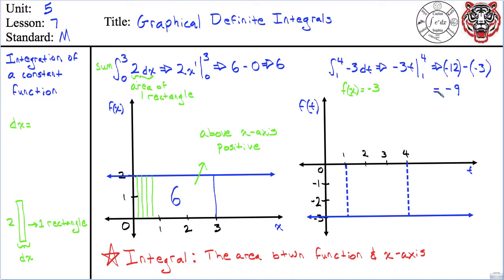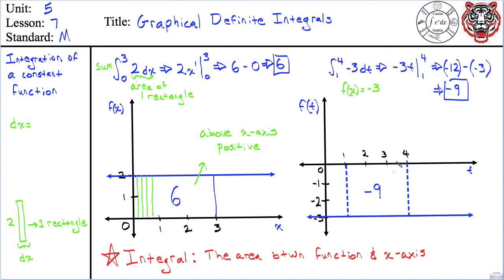Let's see if that holds up with our graphical analysis. I should be boxing our final answers too. Okay, well, graphically, what's happening here? I have a distance of 1, 2, 3 by 1, 2, 3, so I do have an area of 9. The reason why it's negative, as you might expect, is because it's below the x-axis. So go ahead and make a note of that as well.